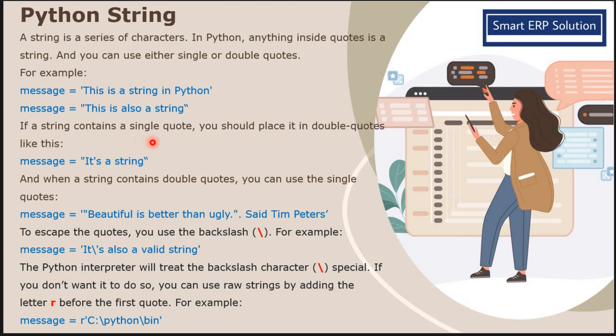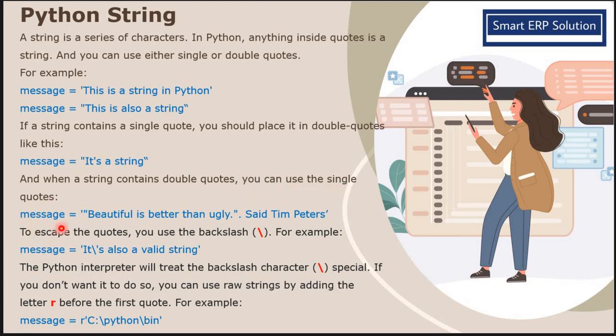If a string contains a single quote, you should place it in double quotes like this. Suppose this string is "it's a string". It contains a single quote. If we need to print the single quote, we should write the string within the double quote. In the same way, when a string contains double quotes, you can use single quotes.